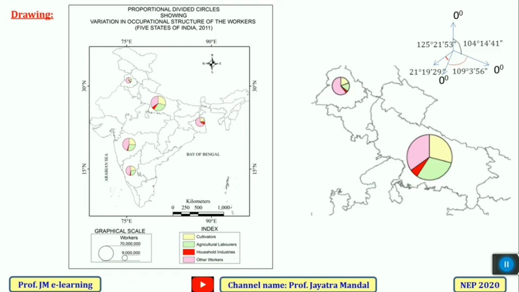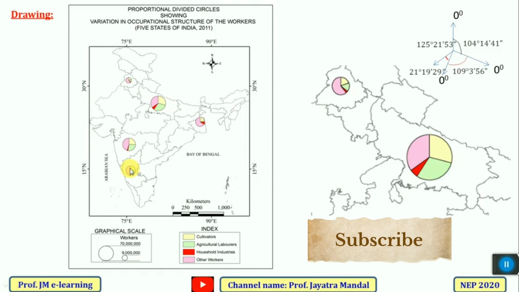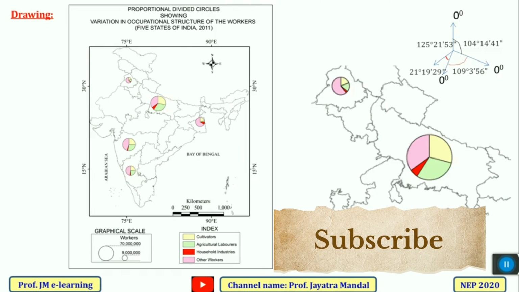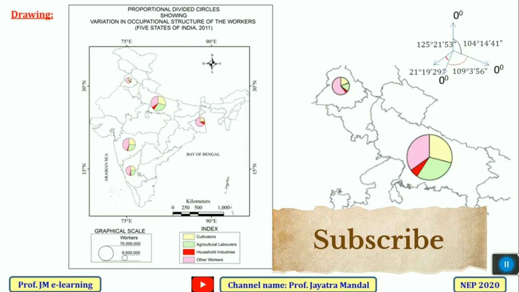Next, drawing: take the centroid of each state boundary as the starting point. Then draw a circle around each centroid with the appropriate radius.